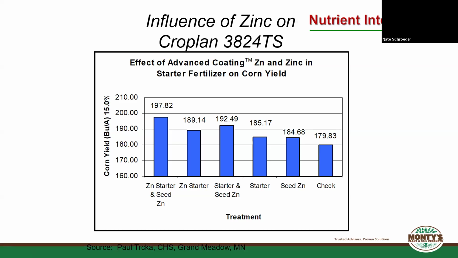I cannot express enough that zinc is only a micronutrient by definition because you don't need 15 pounds a day to take it up, but it is an important nutrient.